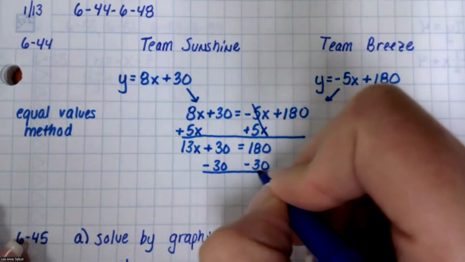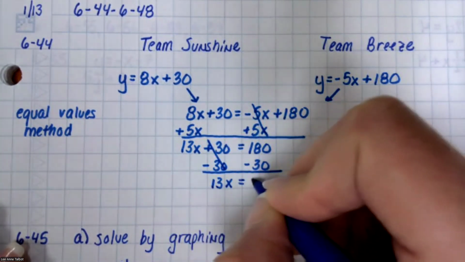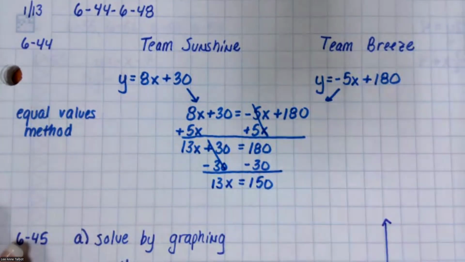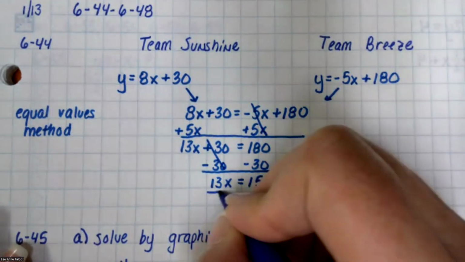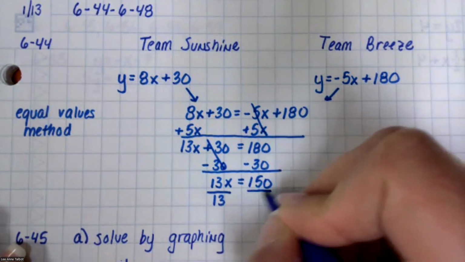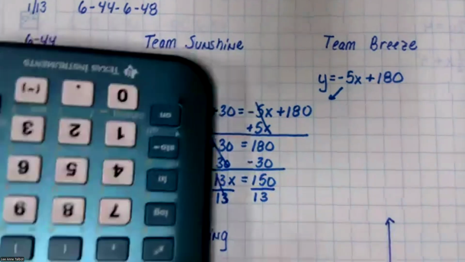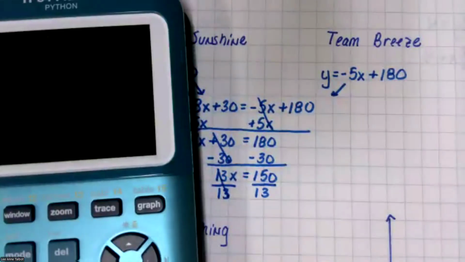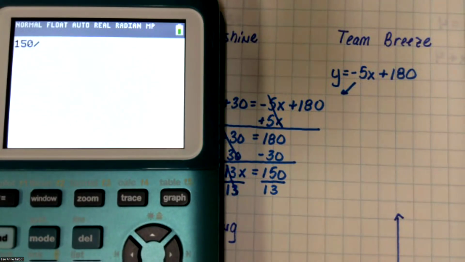Now, if you're working ahead on this problem, you might have realized that this is going to have an unsatisfying answer. And that is okay. Remember, real life situations don't come out with whole number answers all the time. Actually, ever, really.